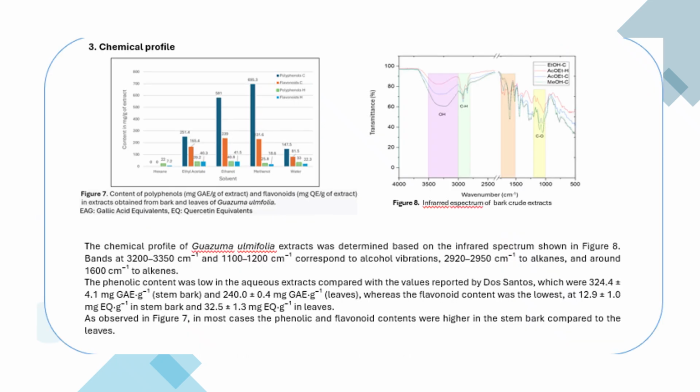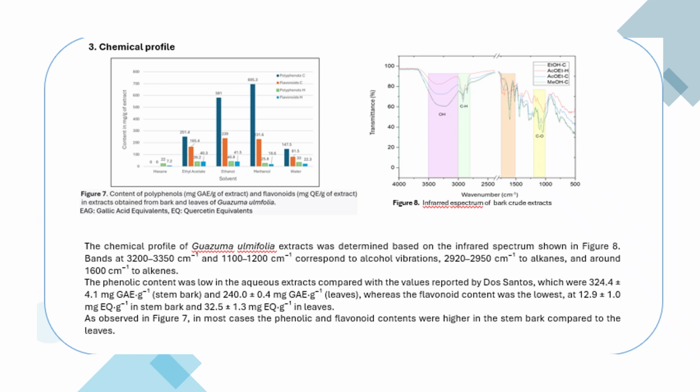The chemical profile of Guazuma ulmifolia extracts was determined on the infrared spectrum shown in Figure 8. It must be highlighted that the bands correspond to different functional groups, such as alcohol, alkane, and alkene vibrations.